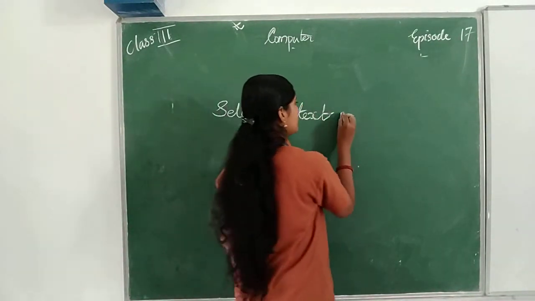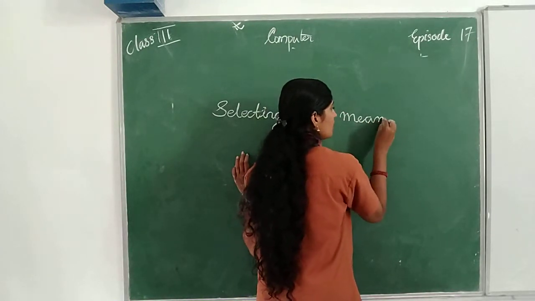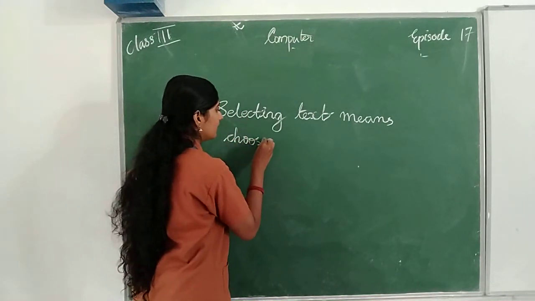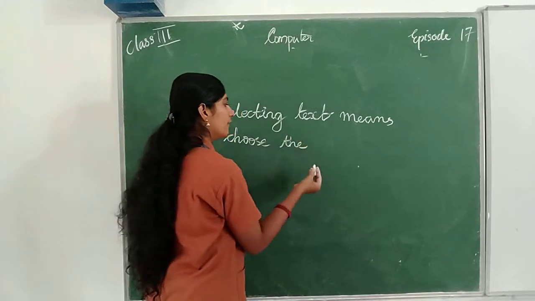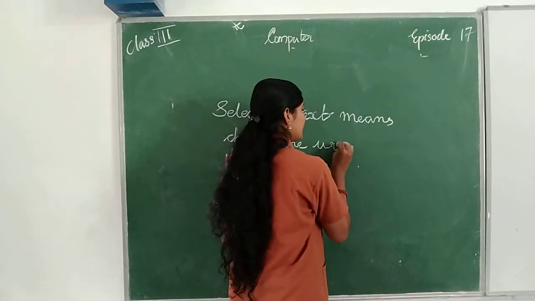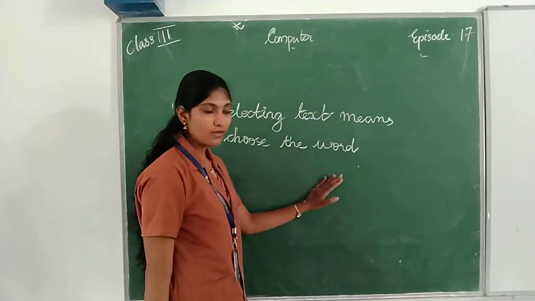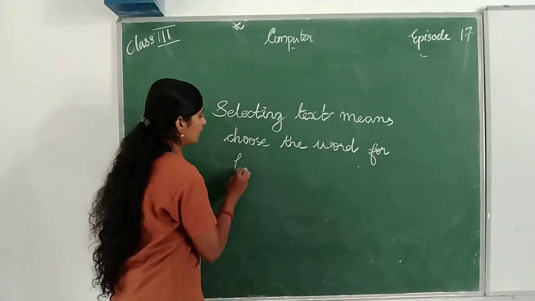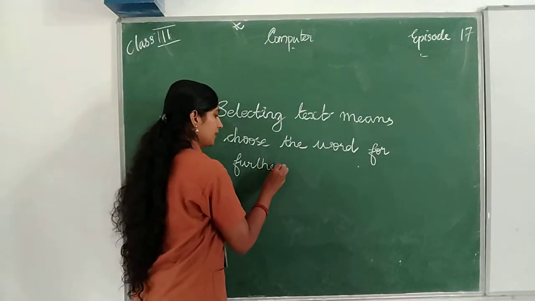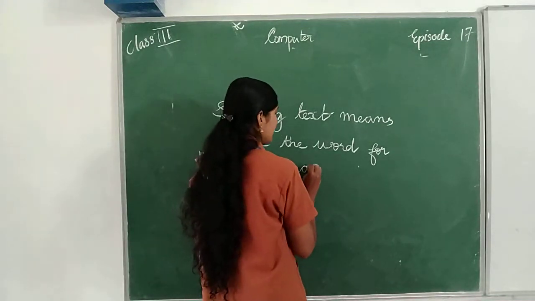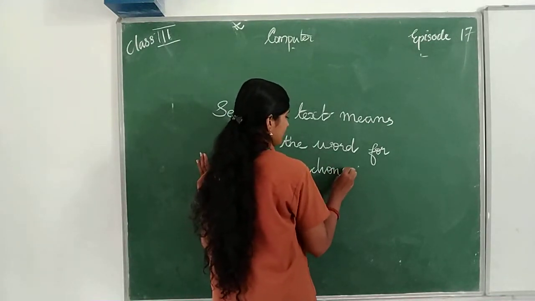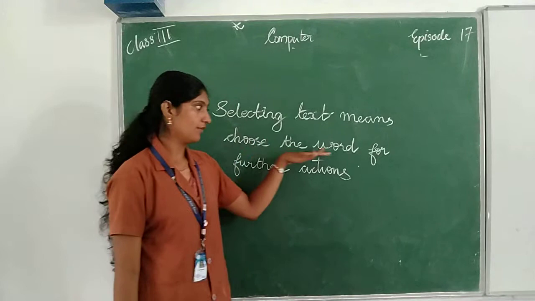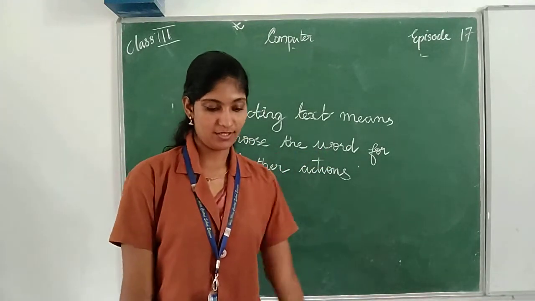Text means choose the word, T-H-E, the word, W-O-R-D, word, for, F-O-R, for, further, F-U-R-T-H-E-R, further, actions, A-C-T-I-O-N-S, actions. That is, selecting text means choose the word for further actions.